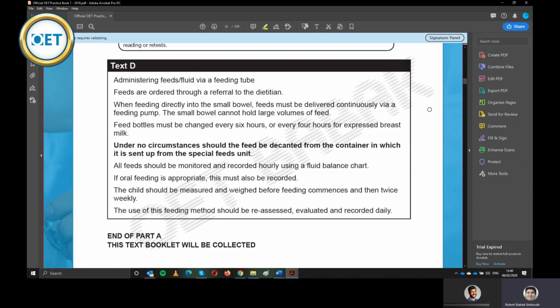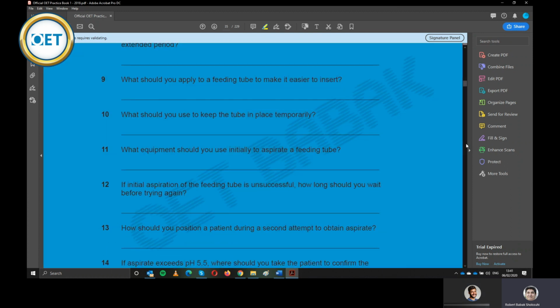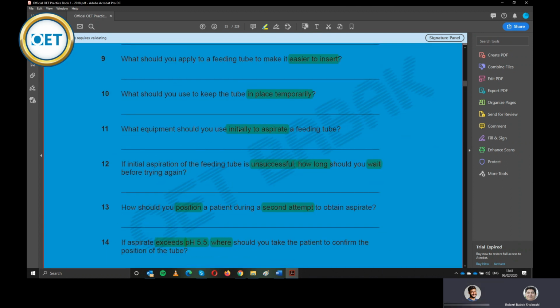And for small bowel, what should we do? It should be delivered via a feeding pump. So we go down and we say: initially syringe, initial aspiration unsuccessful. Wait before trying again, how long? 15 to 30 minutes.